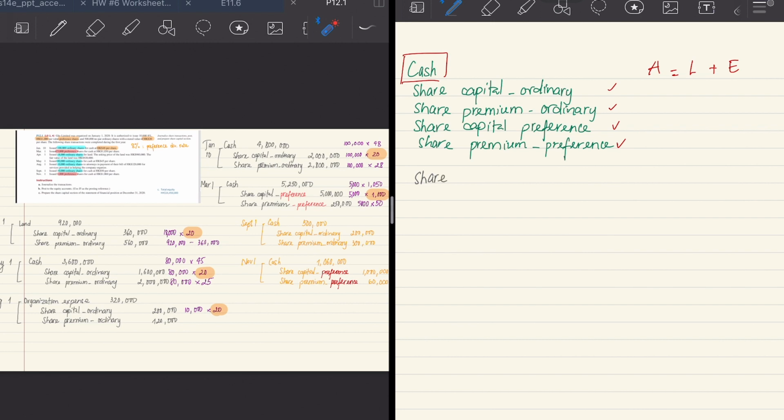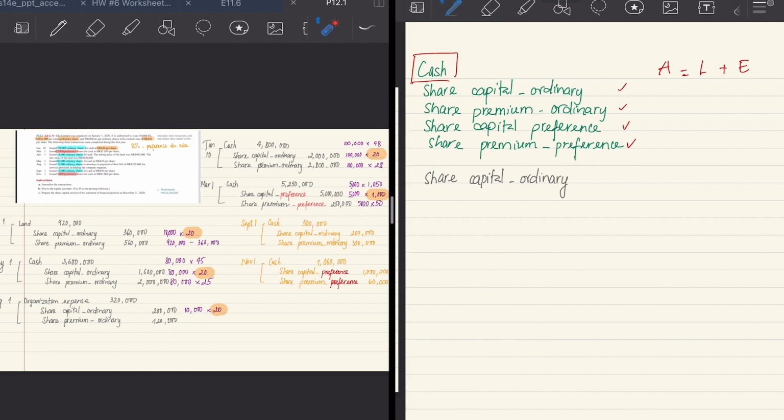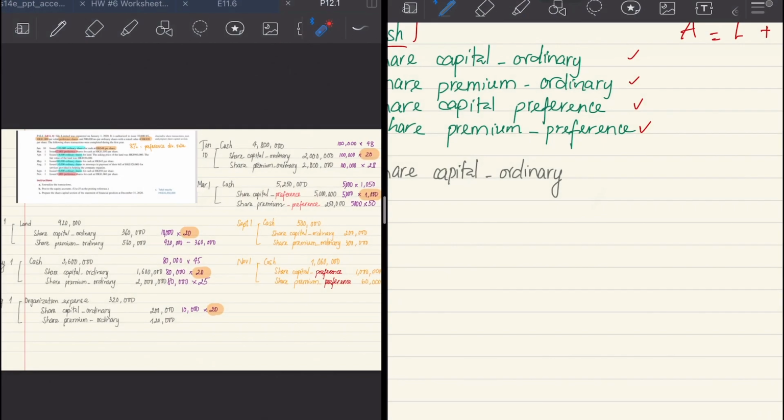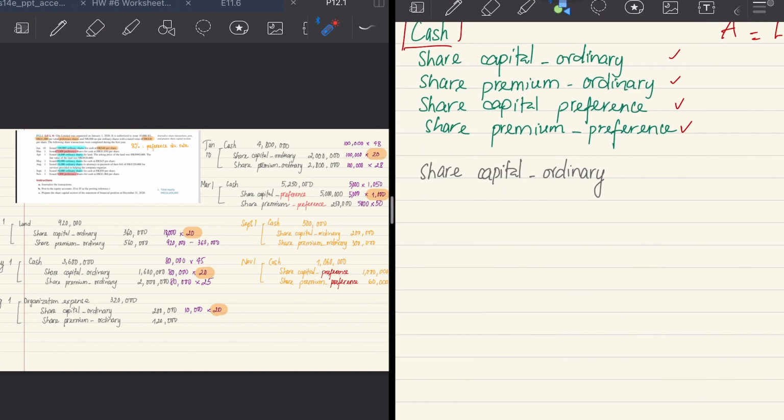First, we can do share capital ordinary. Okay, here.